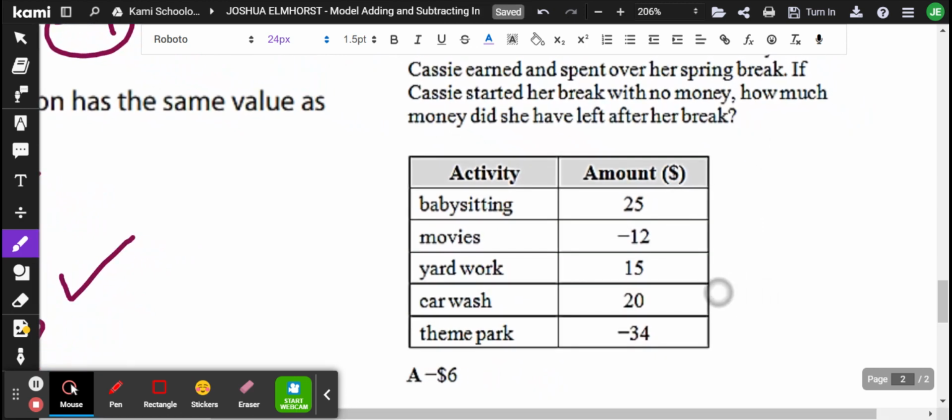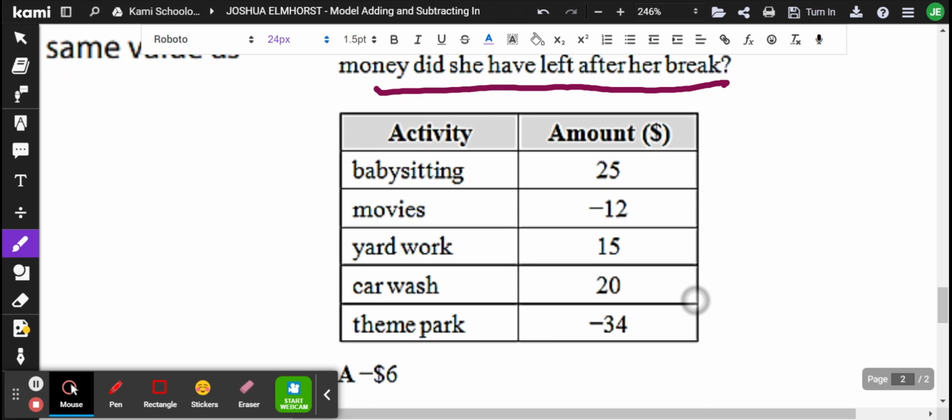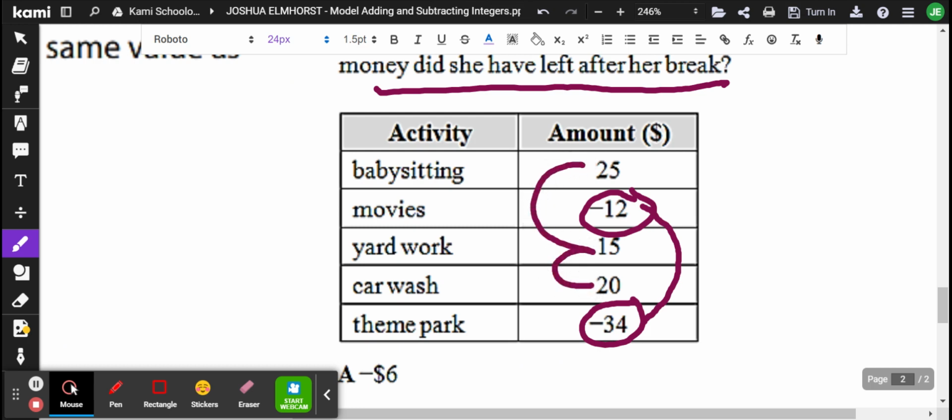How much money did she have left after her break? One quick trick we could do is put our negatives together and then put our positives together and then subtract them from each other. So 34 and 12 is going to give you -46, 46 negatives.